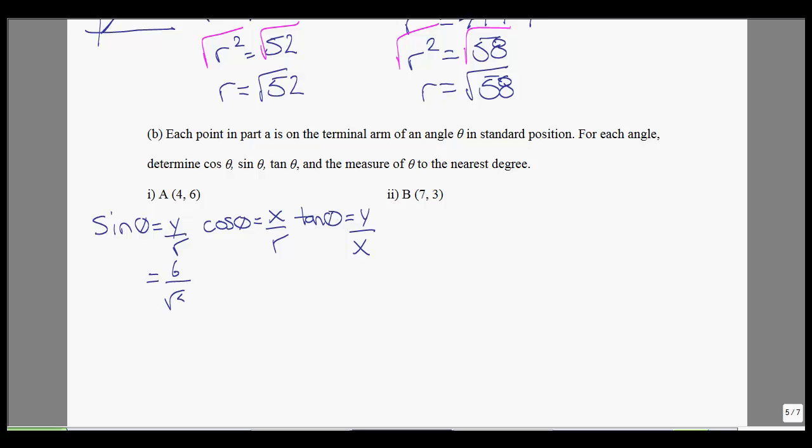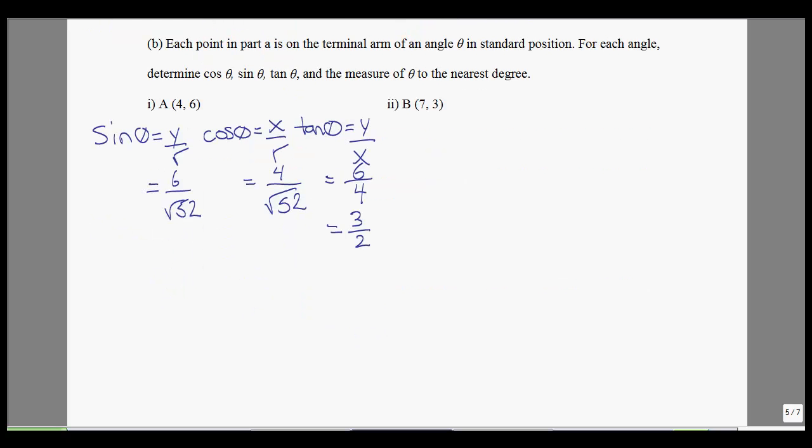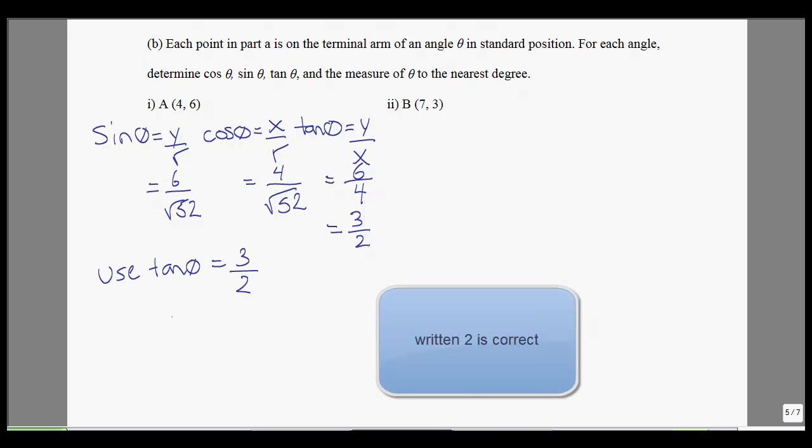6 over root 52 from A, and then 4 over root 52, and 6 over 4, which can be reduced to 3 over 2. Now to find theta, we use one of our trigonometric ratios, and let's use tan theta equals 3 over 2.